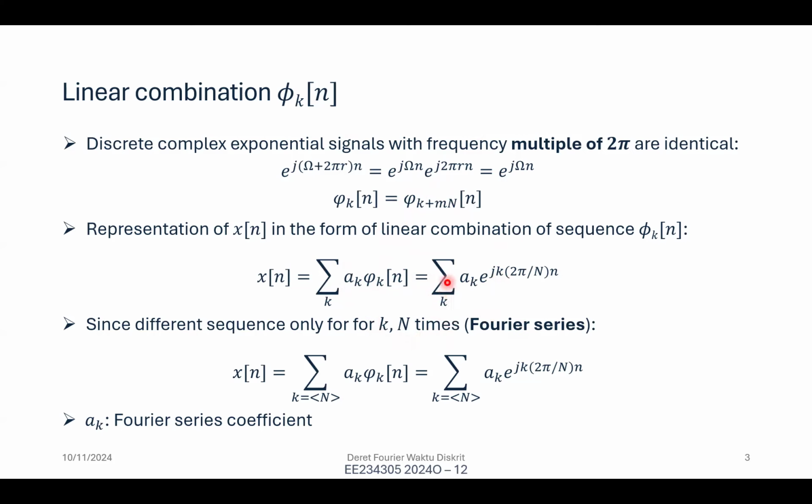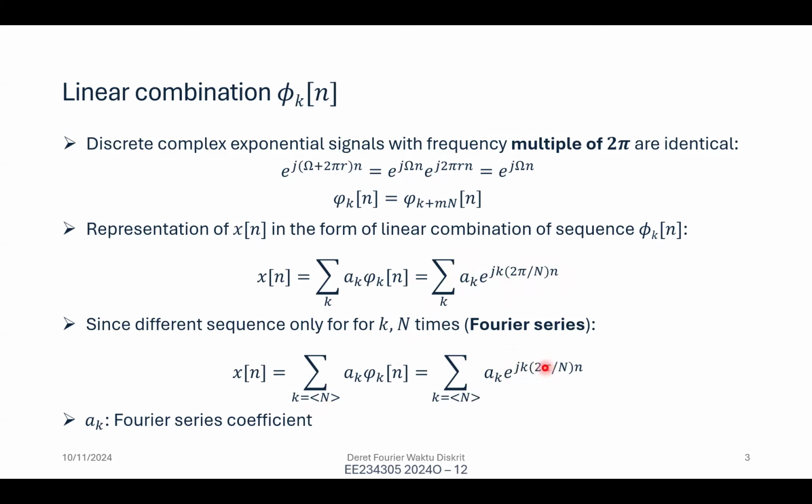Note that this is summed over k. If we have a_k times e to the power of j k and so on, we replace k with some value. Since the signal is periodic, we sum this value only over N. So k here is from 0 to N, or from N plus 1 to 2N, and so on.